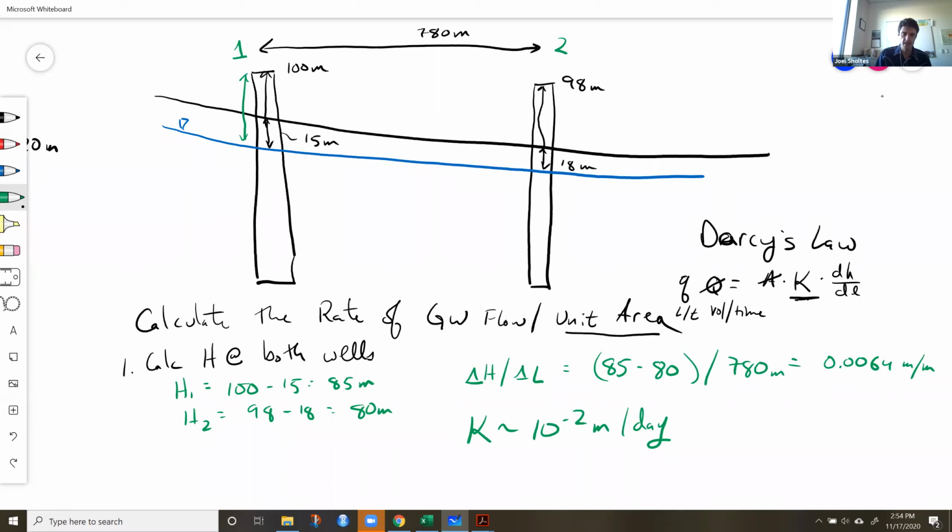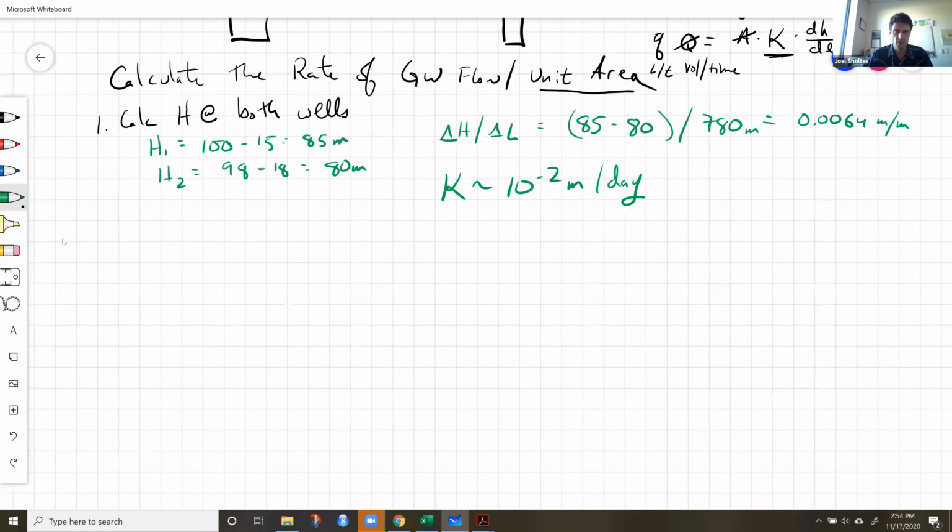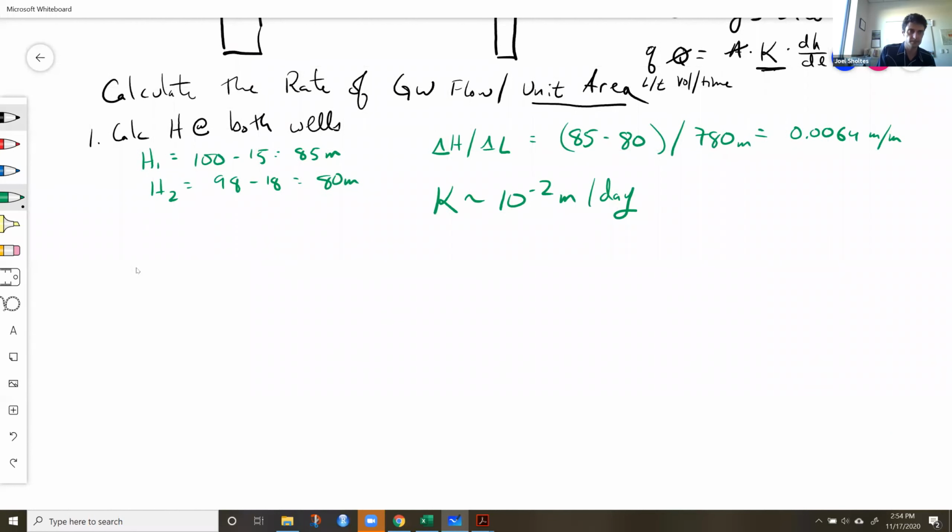So if we assume K, then we can do the rest of this Darcy's law equation. And we're going to use that unit form, right? So we took area out, we took the big Q out. So we've got discharge per unit area is equal to K times dH over dL, and that's going to be equal to 10 to the negative 2 times 0.0064.